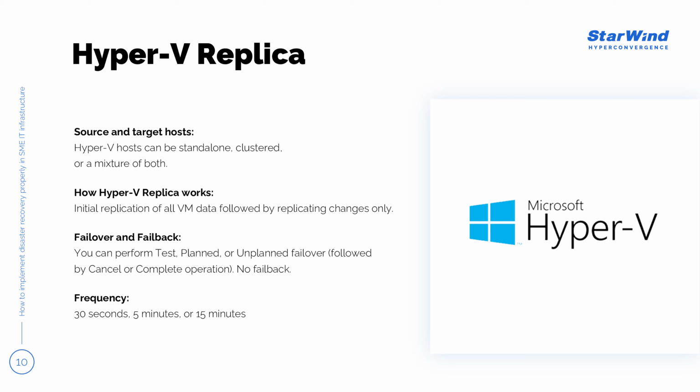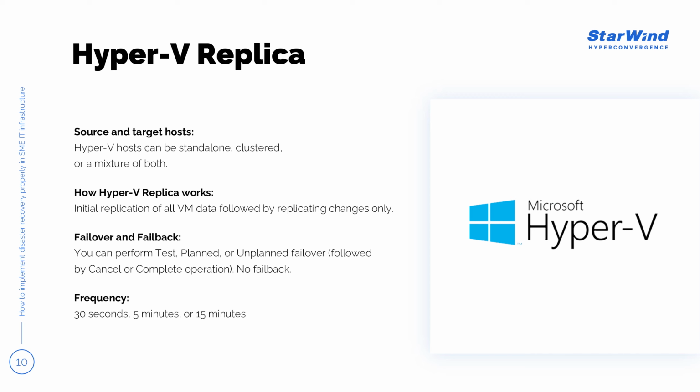Then you have the planned failover. So planned failovers in Hyper-V are used to, well, either prepare for an upcoming disaster, but most likely for maintenance or when you need to migrate the data center, migrate the IT infrastructure. During the planned failover, the primary VM needs to be shut down, otherwise it will just throw an error.